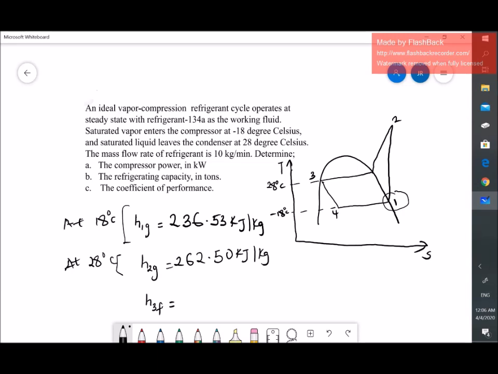All right, so that is H2 gaseous at 28 degrees Celsius.